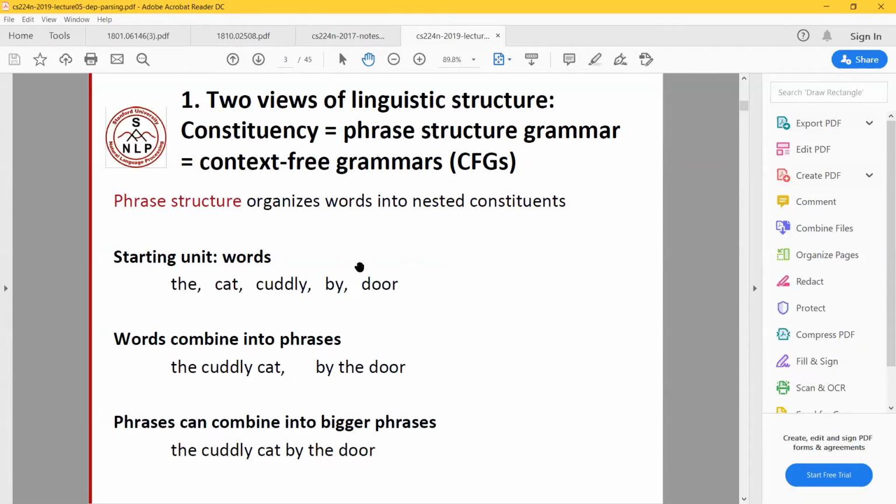Okay, I think I know what you mean. So that means that when he talks about context, he means like a context window around a word, right? And context-free means that you don't have any restriction on what word can appear within a window of another word. Is that what you mean? Yeah. Okay, thank you for that.